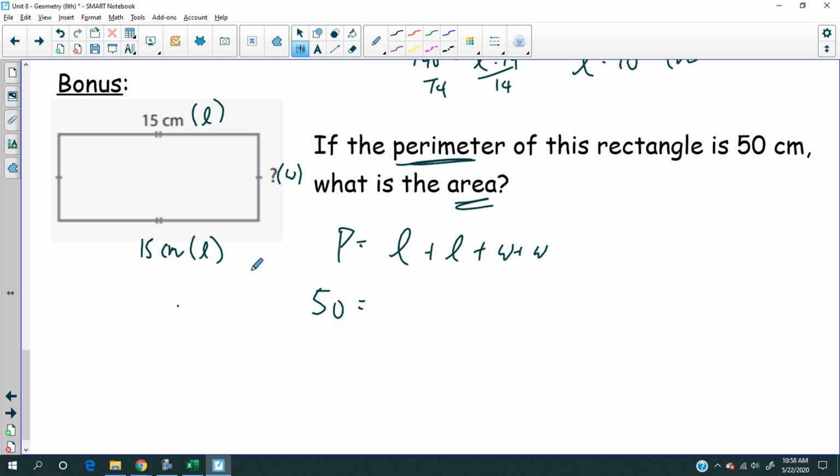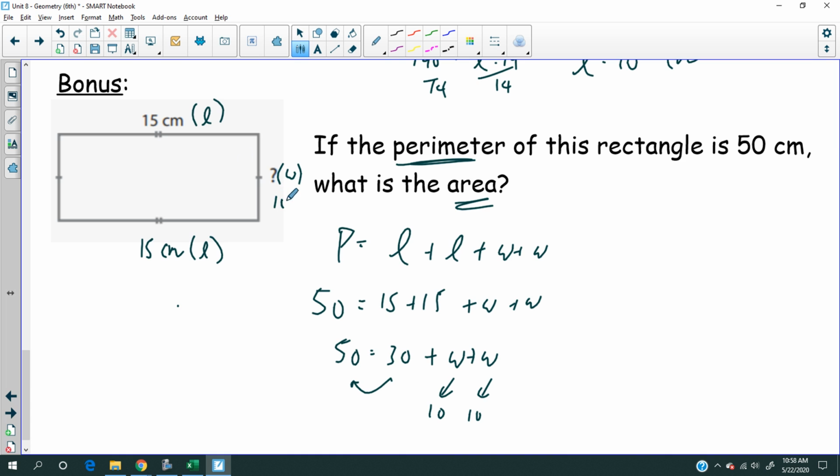And then I got my 2 lengths. So the 2 lengths added together is 30 already. So what does the width have to be when I add it with the 30 to give us the 50 total? Yeah, 10, right? So these 2 would have to be 10.